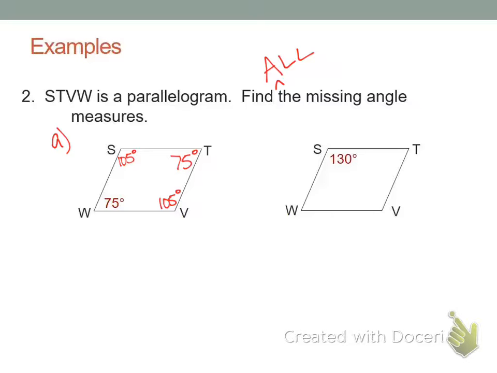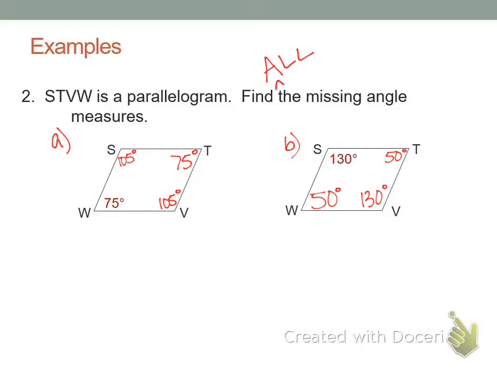All right, on letter B, which angle is easiest right away? V, because it's opposite angle S, so it has to measure 130 degrees. The other angles, T and W, would have to measure 50 degrees to be supplementary to the 130s.